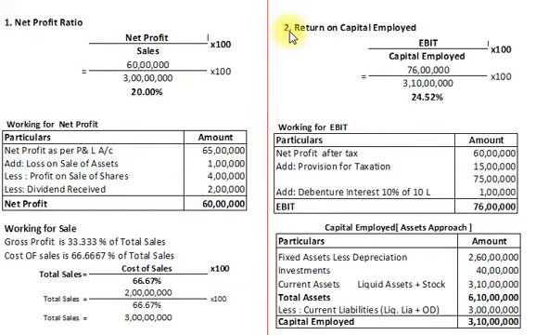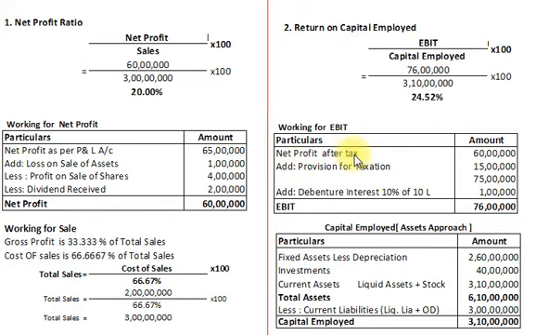Now the second point, return on capital employed, and our formula is earnings before interest and tax divided by capital employed multiplied by 100. Both the things are not available, so we will calculate. First, the working for EBIT. We have net profit after tax rupees 60 lakhs, which we have already calculated in the net profit ratio.